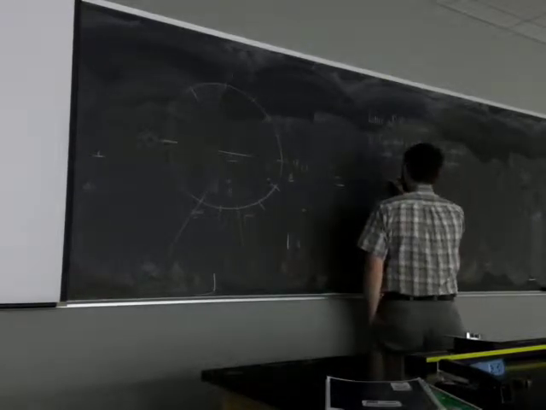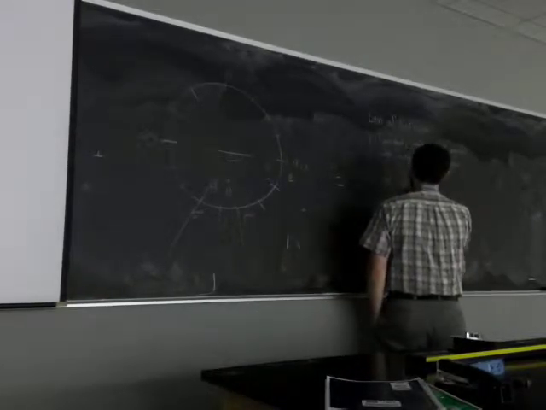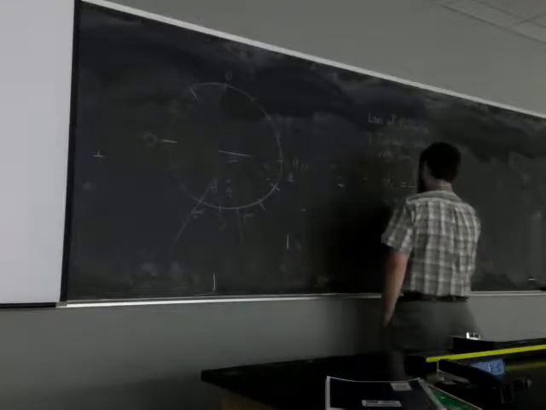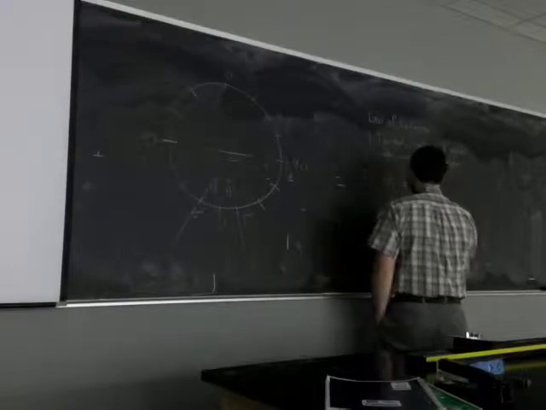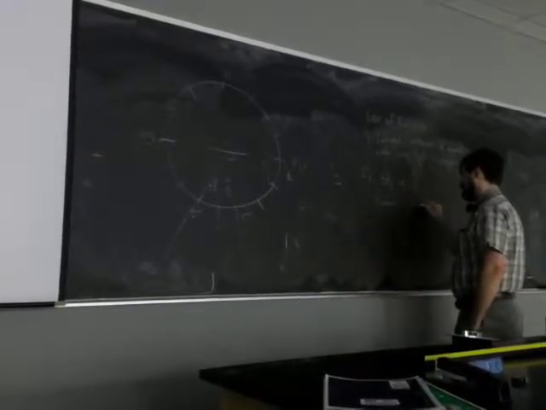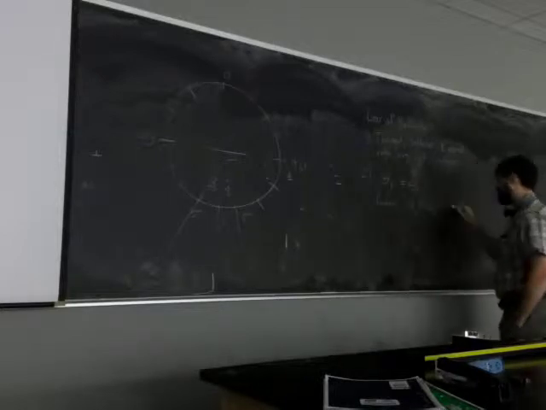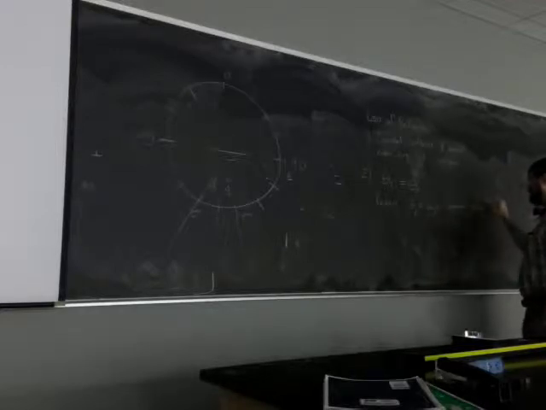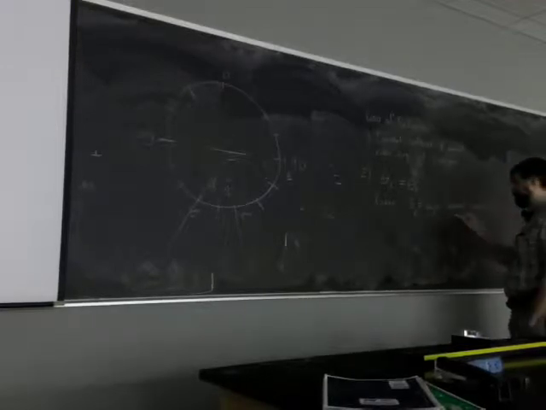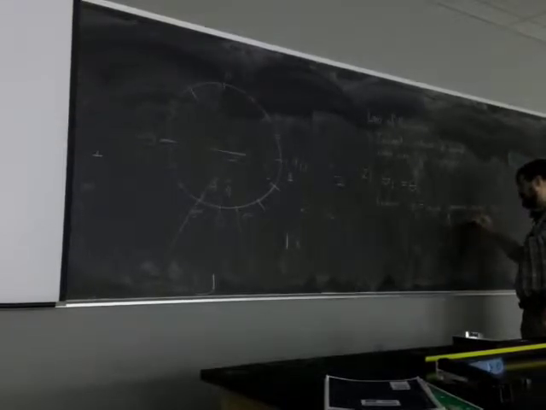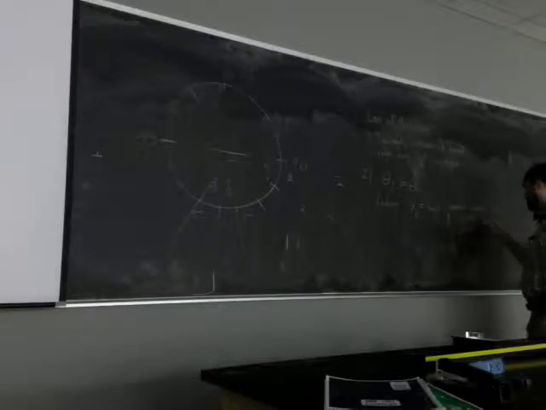So shorthand, theta incident and theta reflected are equal to each other, where theta incident or theta reflected is the angle between the normal line and the incident or reflected ray.